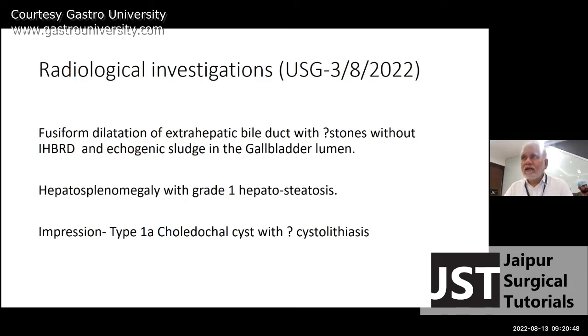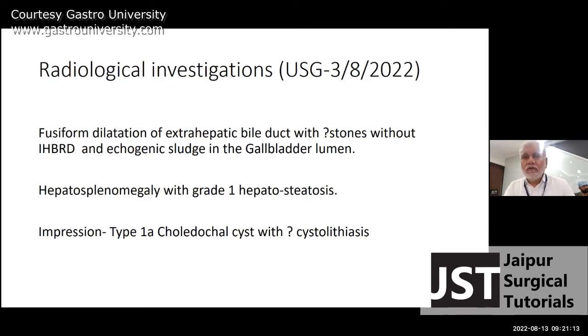Unless it is a child or an adolescent with a palpable lump and jaundice and cholangitis, where maybe you can make a diagnosis of choledochal cyst, but in an adult presenting with pain and jaundice, if you make a clinical diagnosis of choledochal cyst, that would not be acceptable. So if you knew the diagnosis, you would try to justify that.